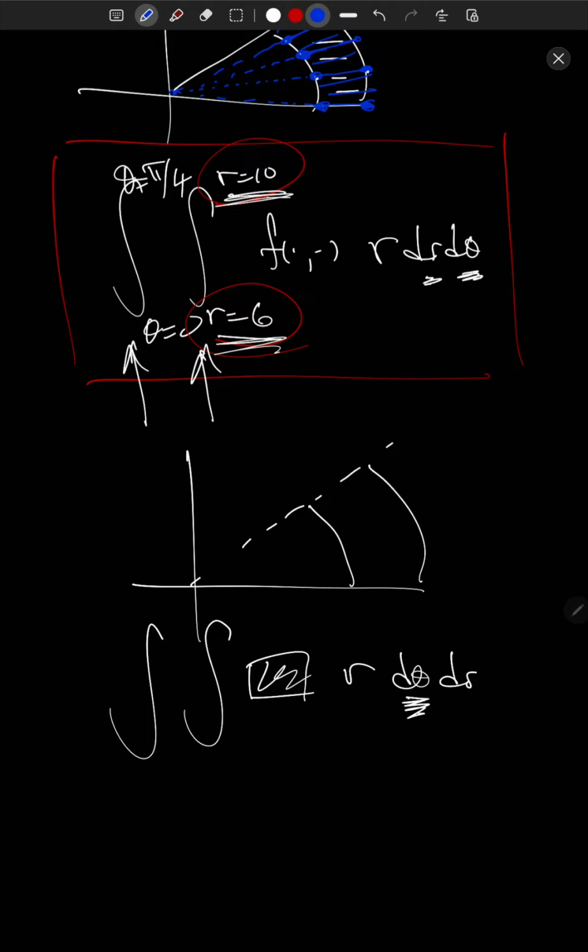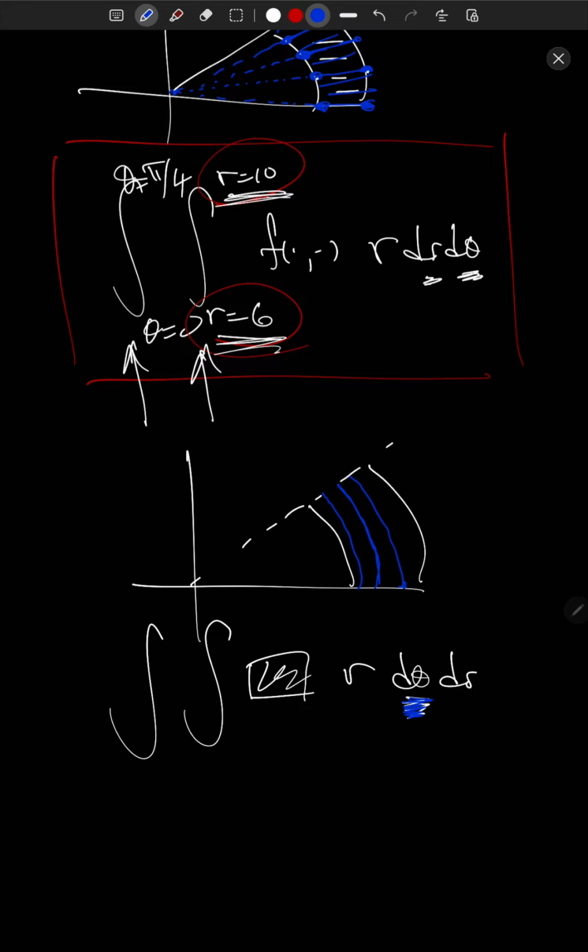Well, as usual, to represent that integral, that's the quantity that's moving. Theta is moving, r is constant. So when r is constant, you're at a constant distance from the origin, and your theta is moving. So the d theta integral is represented by a circular arc like that, circular arc like that.